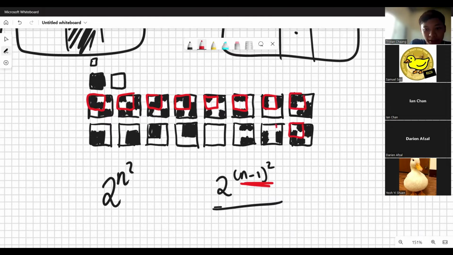And hopefully, it is just a bijection. In other words, however we color the red square, the remaining squares follow uniquely. And let's see. And they are.